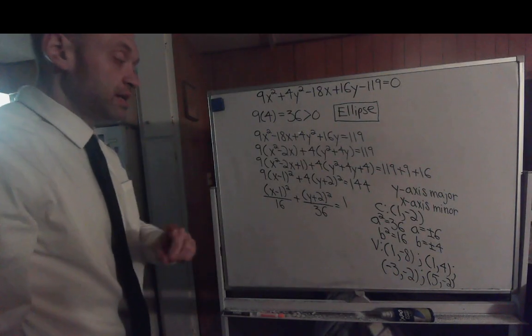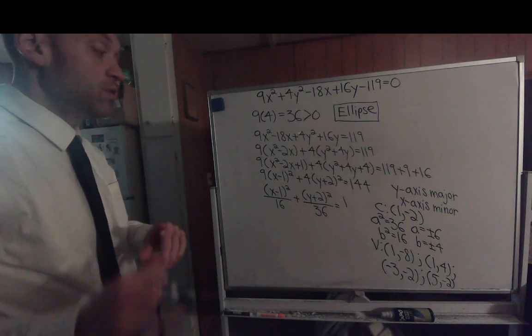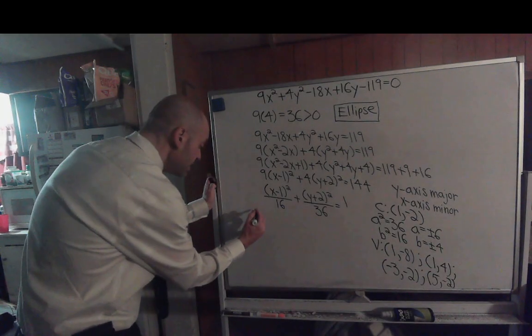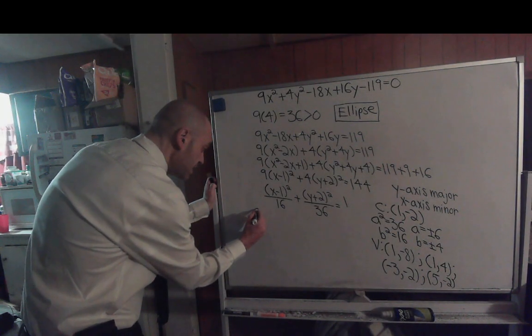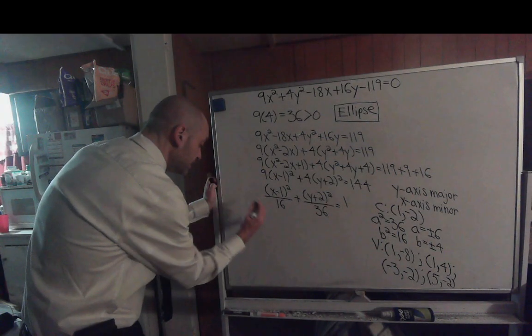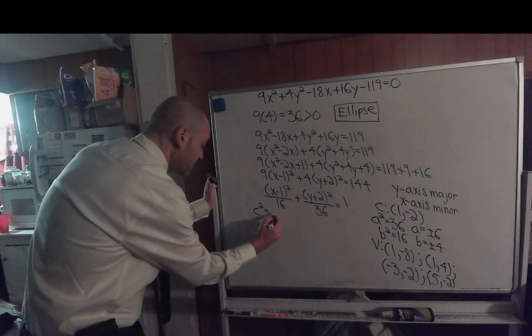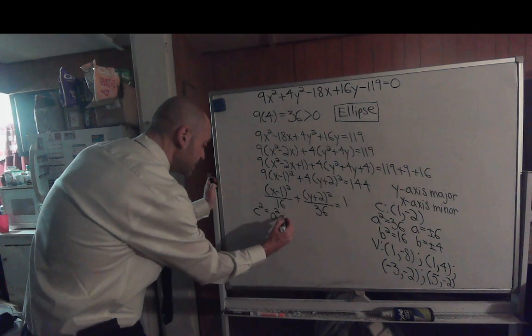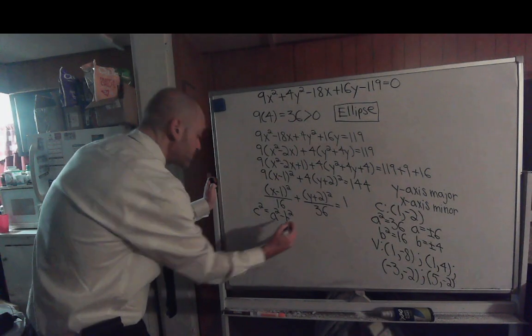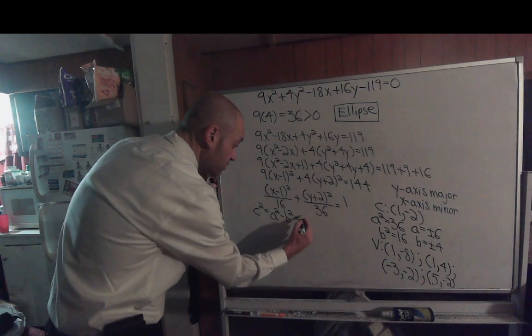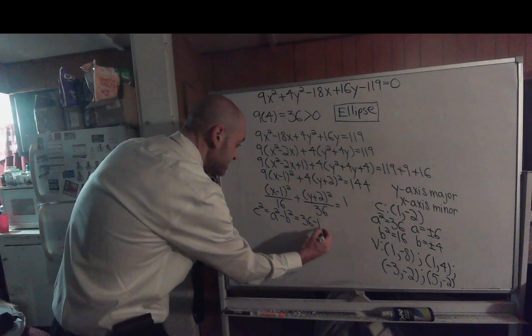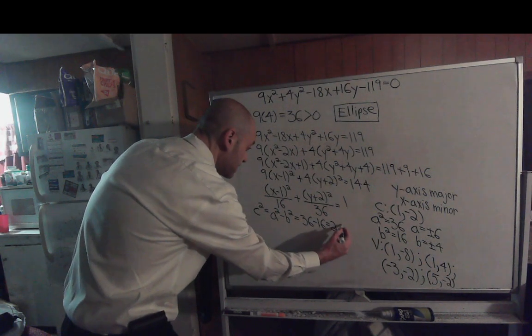But last but not least, we actually need to find the foci. The foci of an ellipse is going to be given as c squared equals a squared minus b squared, which in this case is going to be 36 minus 16, which equals 20.